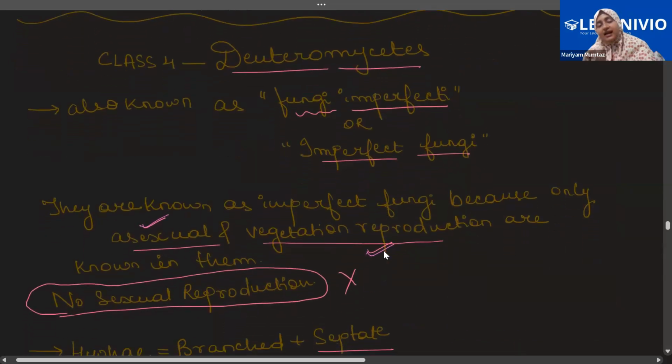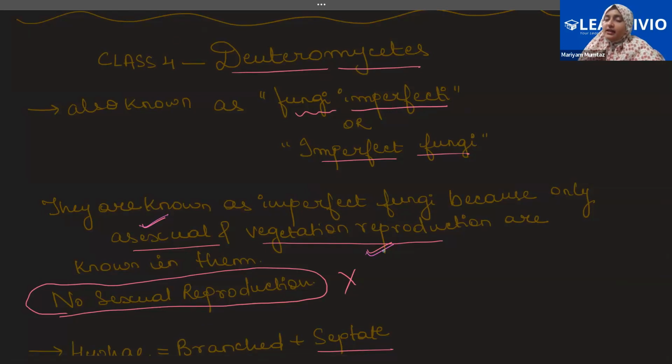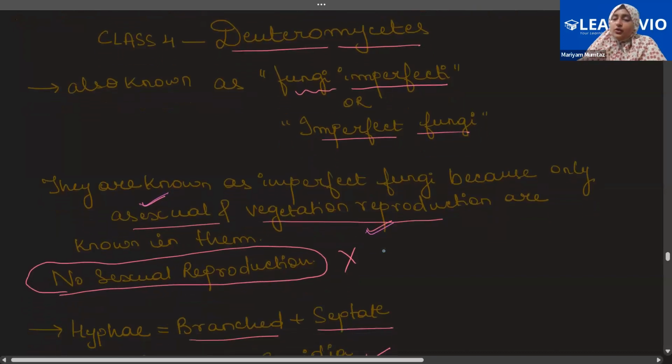Lastly, there is the last class of fungus, that is Deuteromycetes. They are also known as fungi imperfecti or imperfect fungi. This group is the easiest one. Why? Because they are known as imperfect fungi because only asexual and vegetative reproduction are known in them. There is no sexual reproduction.